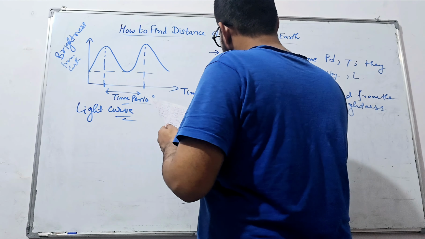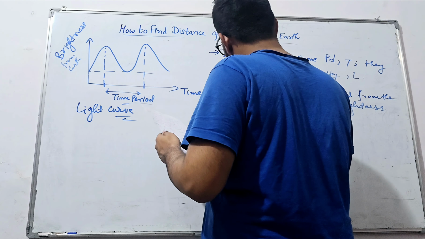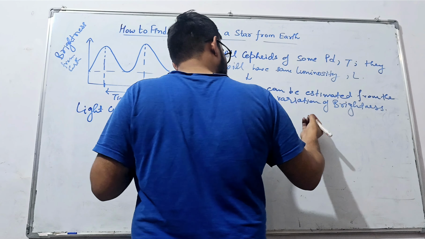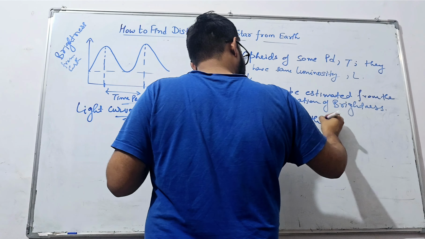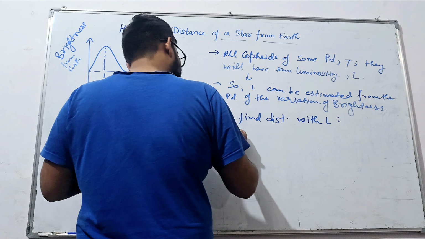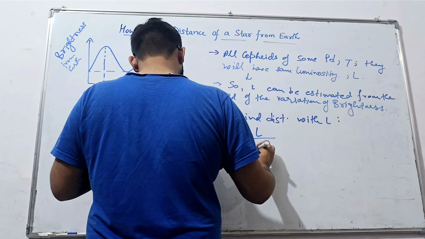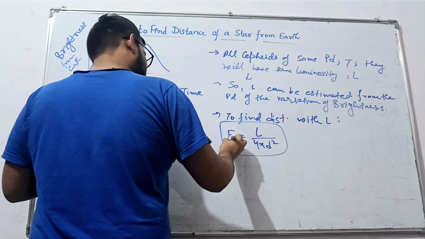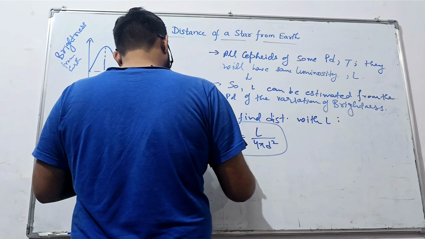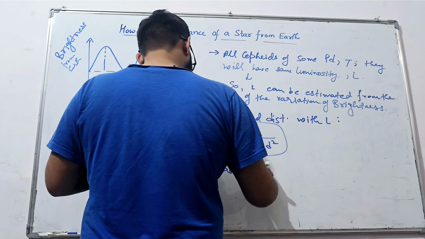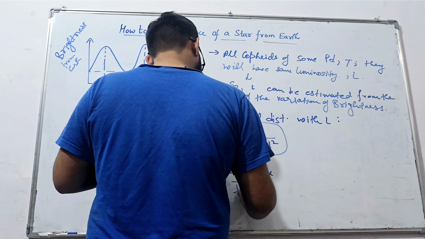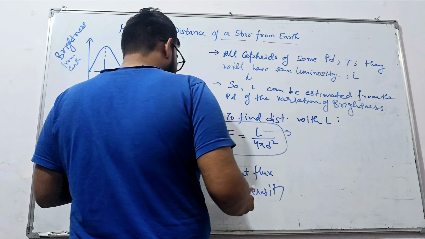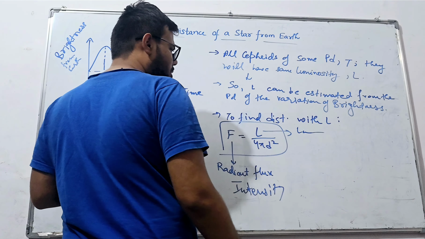And to find the distance, using L, we use the formula F = L by 4 pi d squared. F is the radiant flux intensity, L is the luminosity, you know this, I already wrote.